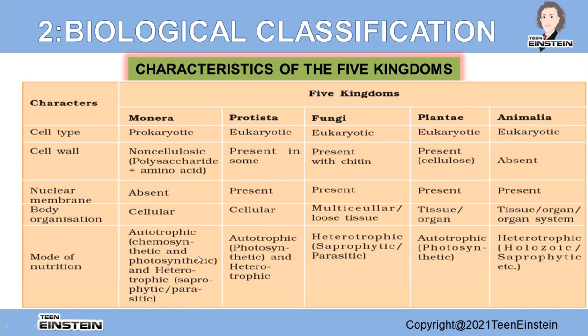Both autotrophic and heterotrophic organisms are present in Kingdom Monera. Autotrophic means they are chemosynthetic and photosynthetic. But heterotrophic means they are saprophytic or parasitic. Both types are present. Got it?